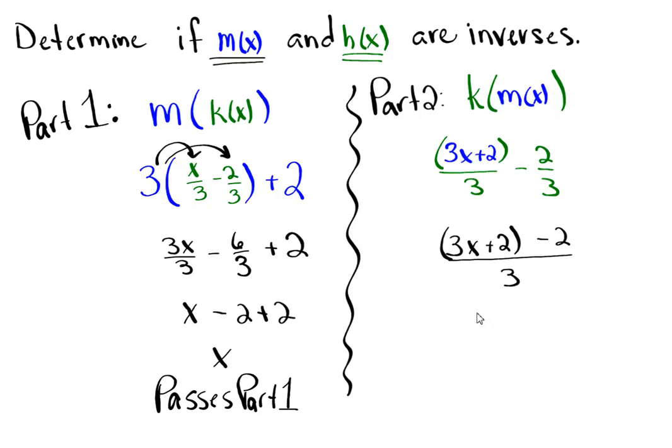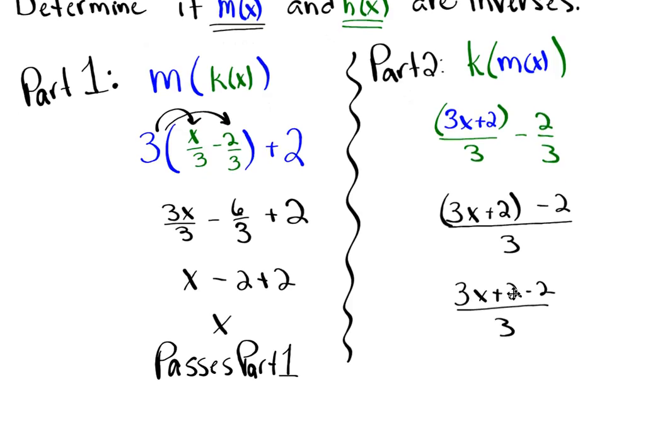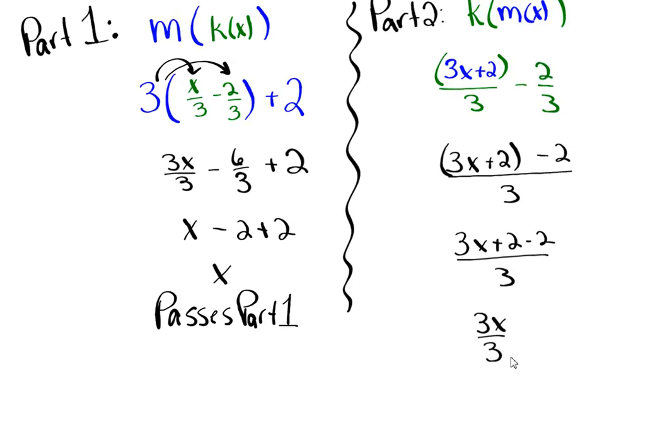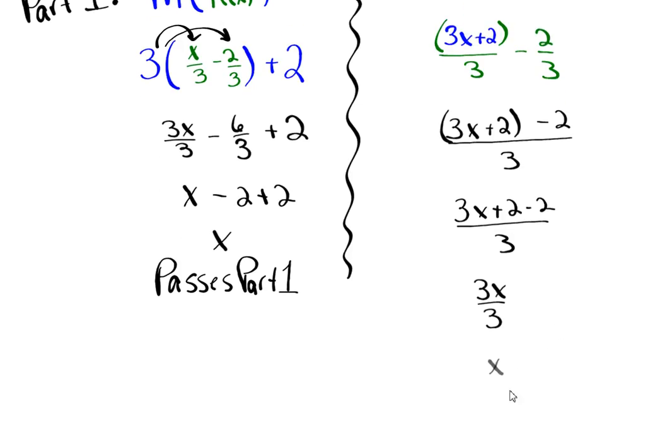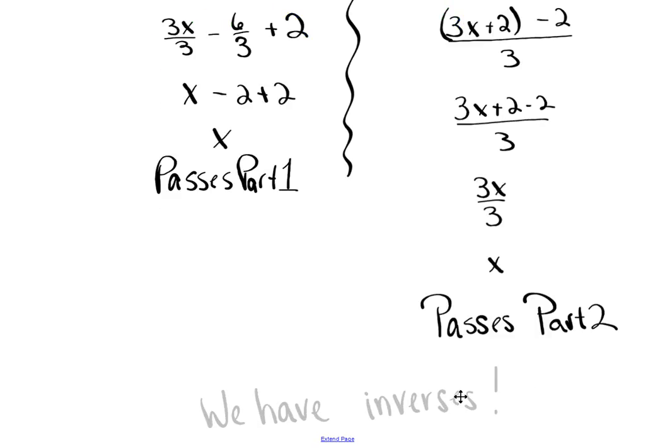Now, when I do that, I can remove parentheses. So I get 3x plus 2 minus 2 all over 3. Well, 2 minus 2 just gives me 3x over 3. And when I simplify that, I get x. So this passes part 2. That means we have achieved inverses.